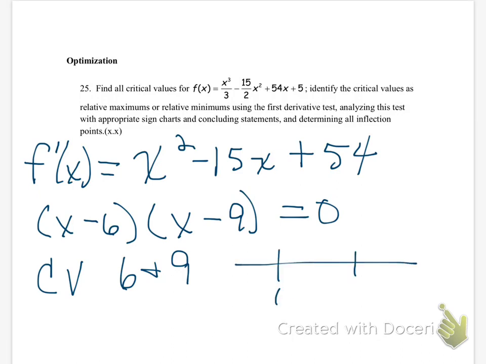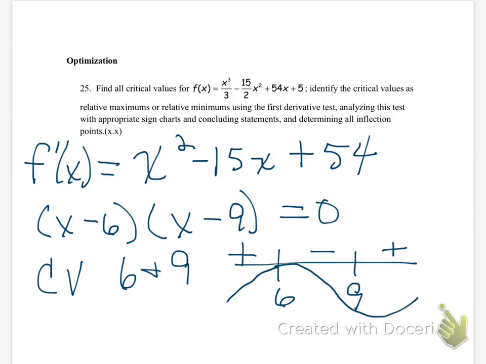So now we're going to do a sign chart, and when you do that, you should be getting the following signs, and those signs indicate a max and then a min.